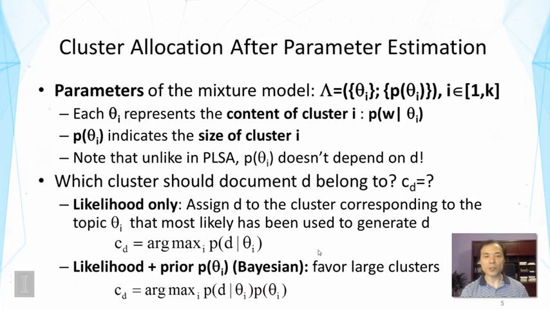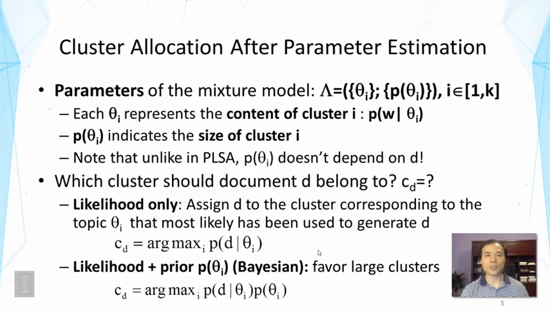In this case, we're going to choose the theta that has a large P of theta i, that means a large cluster, and also a high probability of generating D. So we're going to favor a cluster that's large and also consistent with the document.